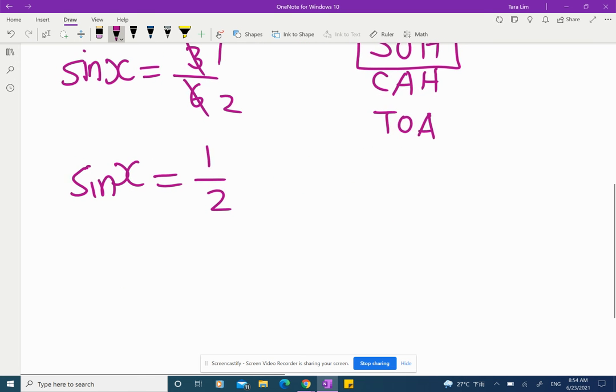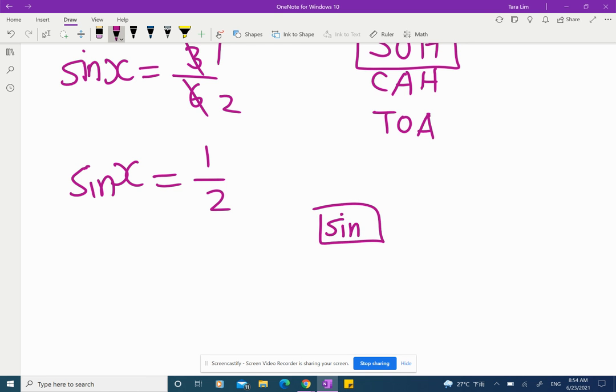So what we do here is, bring out your calculator now. Once you've got your calculator, you see the sine button. Now, we're not trying to press the sine button. Instead, we must press the sine -1 button.